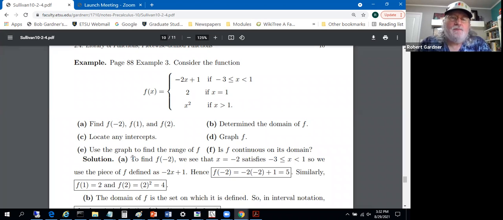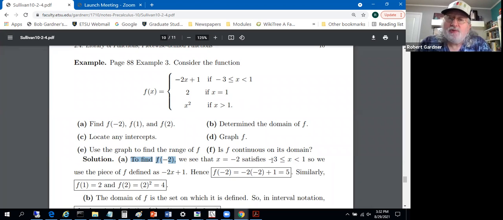F of -2. To find f of -2, do you use that piece, or that piece? Well, where is -2? It's between -3 and 1. When x equals -2, it satisfies that first inequality: -3 is less than or equal to -2 is less than 1.